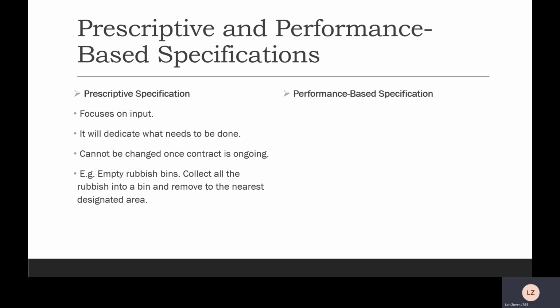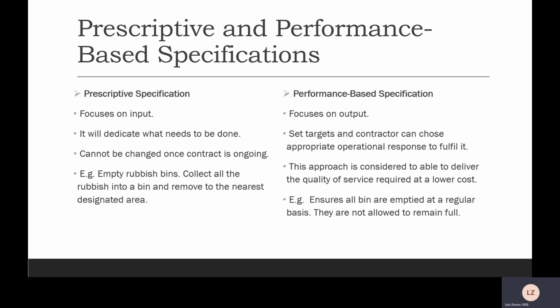The next one we'll be talking about is a performance-based specification. So it focuses on the output. So you set a target, and the contractor can choose the most appropriate response to fulfill the target. So this approach is considered to be able to deliver the quality of service required at a lower cost, because you have your own means.